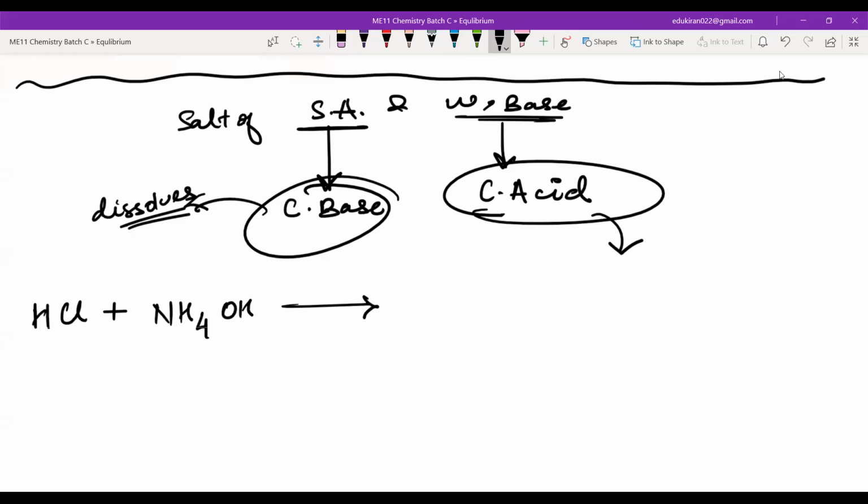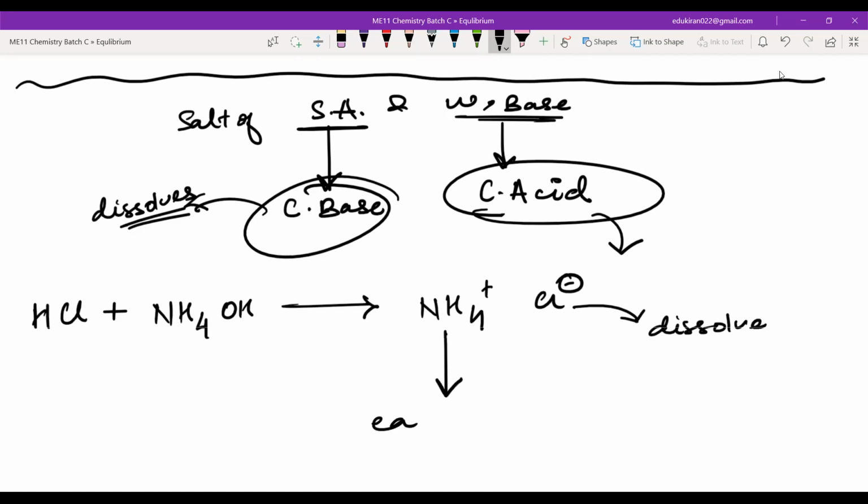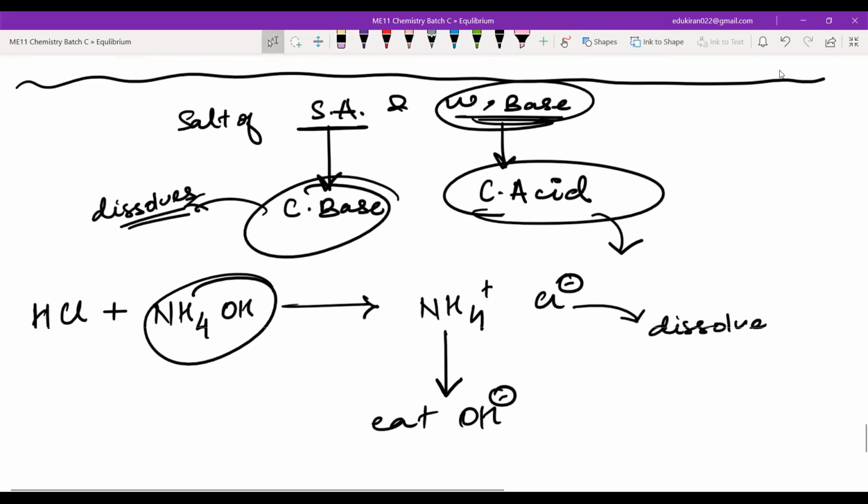Then what I will get is NH4 positive and Cl negative. This Cl negative will not do anything. But what the NH4 positive will do is take OH negative, because it wants to stay like this. It doesn't want to stay in dissociated form, and that is why it is a weak base. All of you understand that? Yes or no? Tell me.